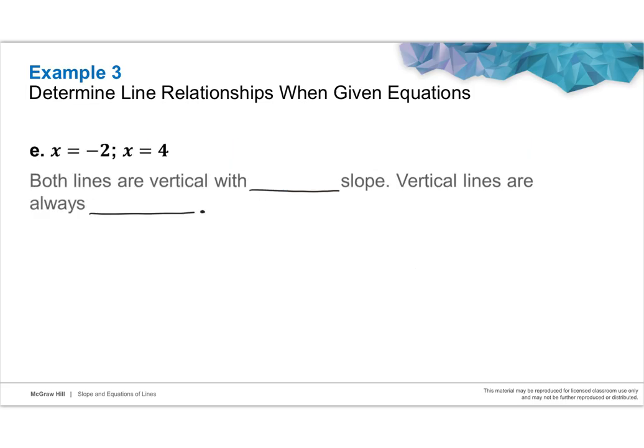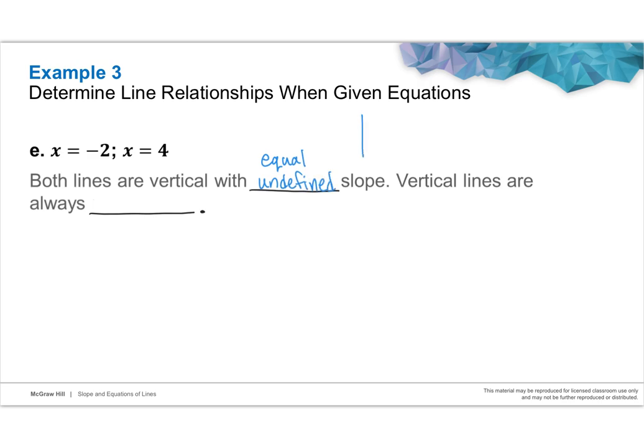And in our final pair of equations in part E, we have single variables in each of those equations. And so we know that an x equals equation and another x equals equation are both vertical lines, which are going to have an equal but also undefined slope.